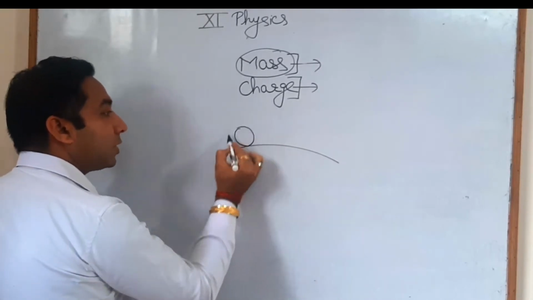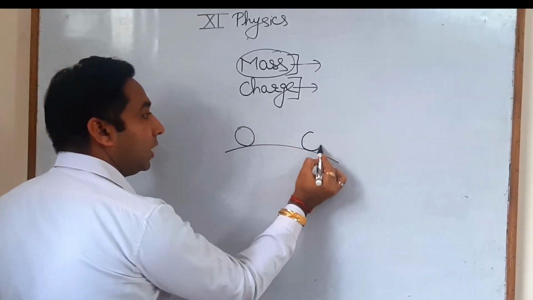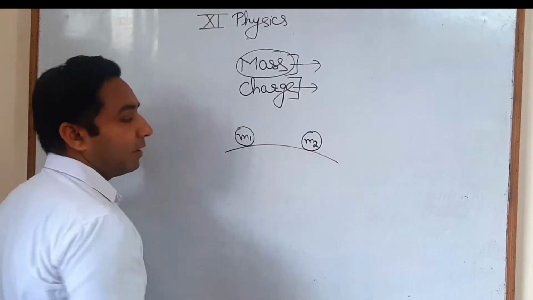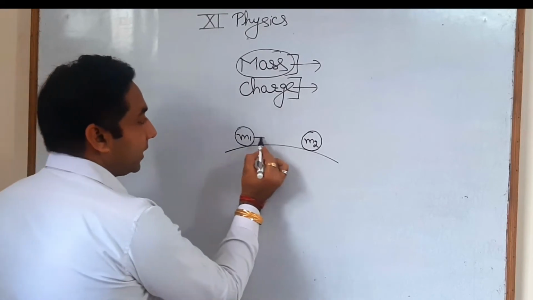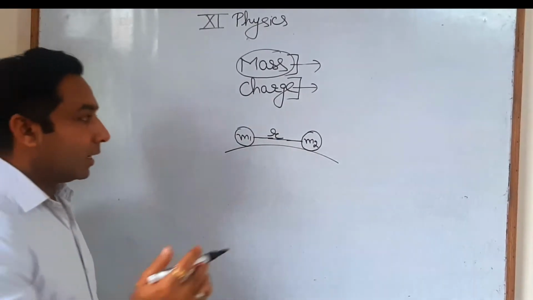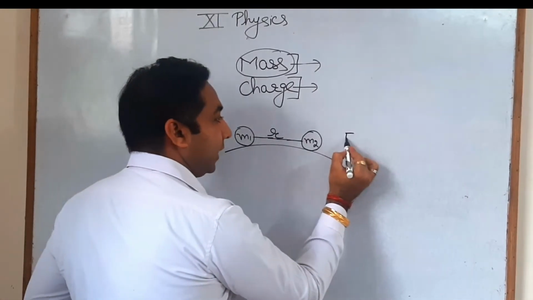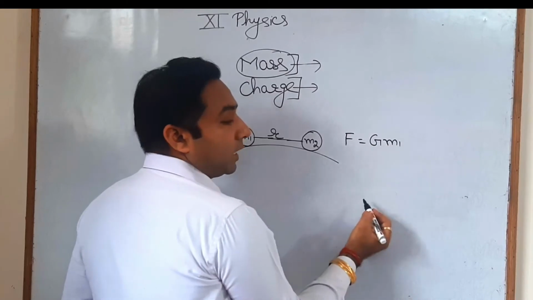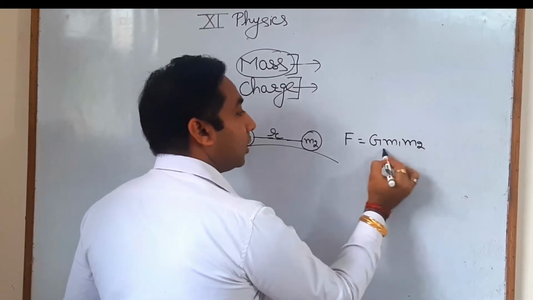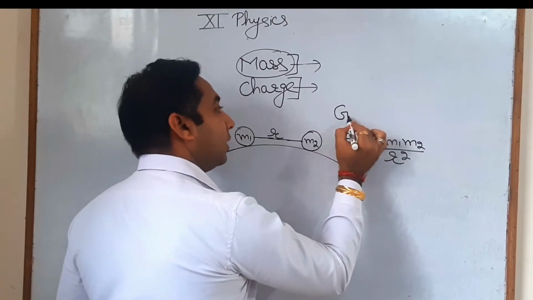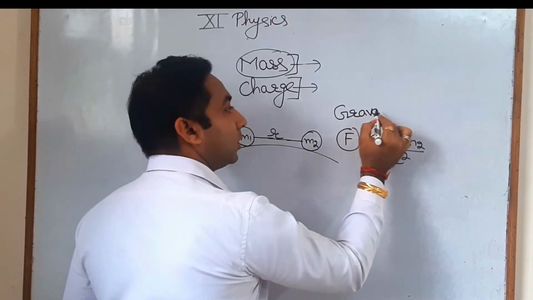According to Newton's universal law of gravitation, when there are two bodies having masses, suppose the masses are m1 and m2, separated by a certain distance r, then there exists a force, and that force is G m1 m2 upon r square. This force we called the gravitational force.